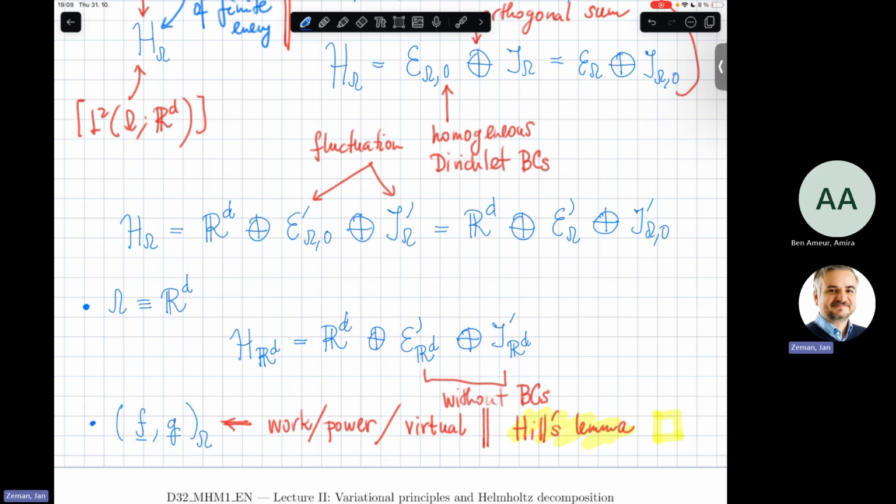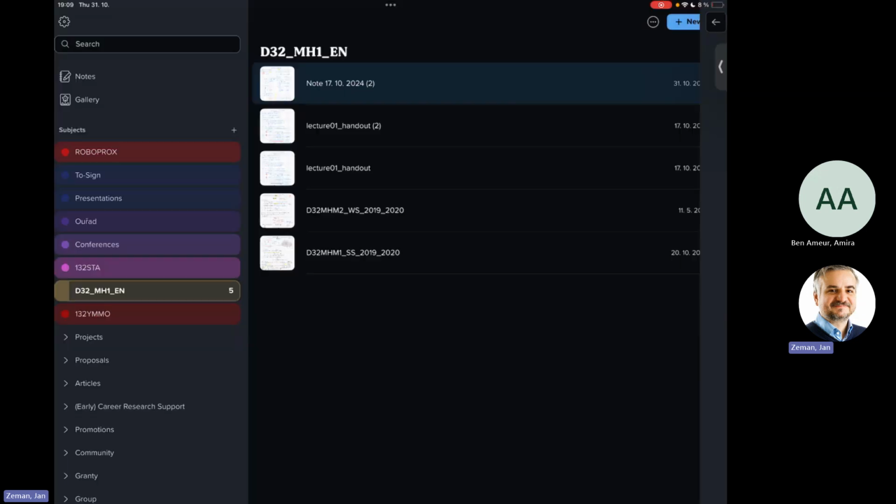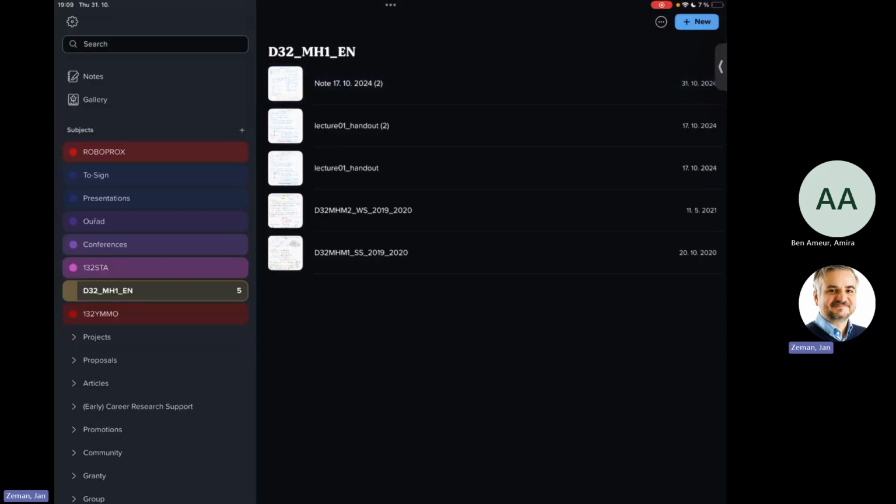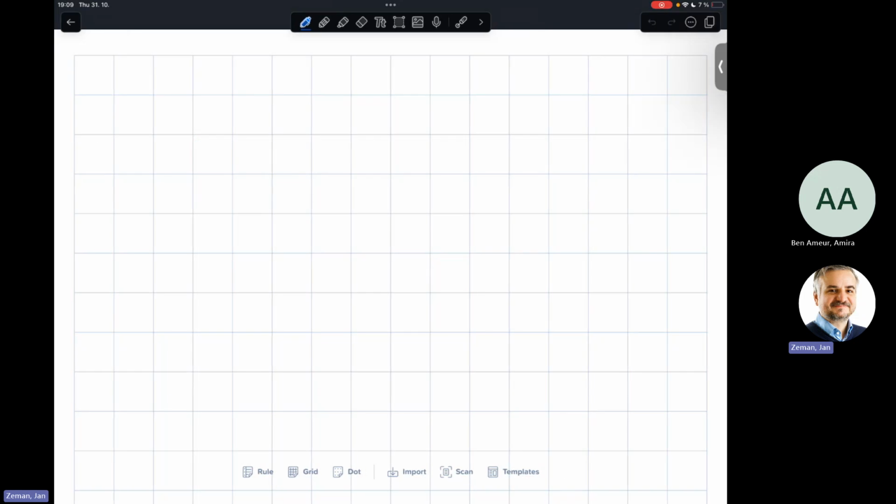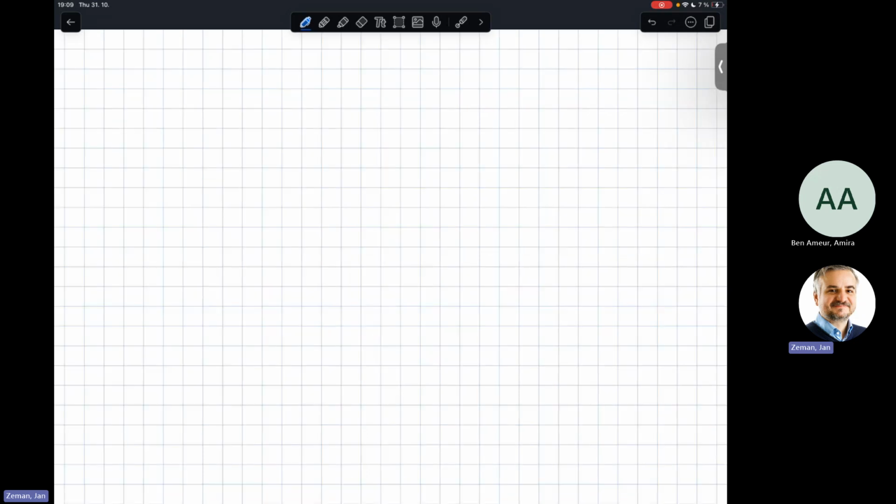I will be using it a lot, and I didn't lie. At least, I took many hours of your life trying to explain what I mean by this. So now we will move to really trying to convince you that this was not a complete waste of time. So we will finally come to the main topic of this course, which is called homogenization.